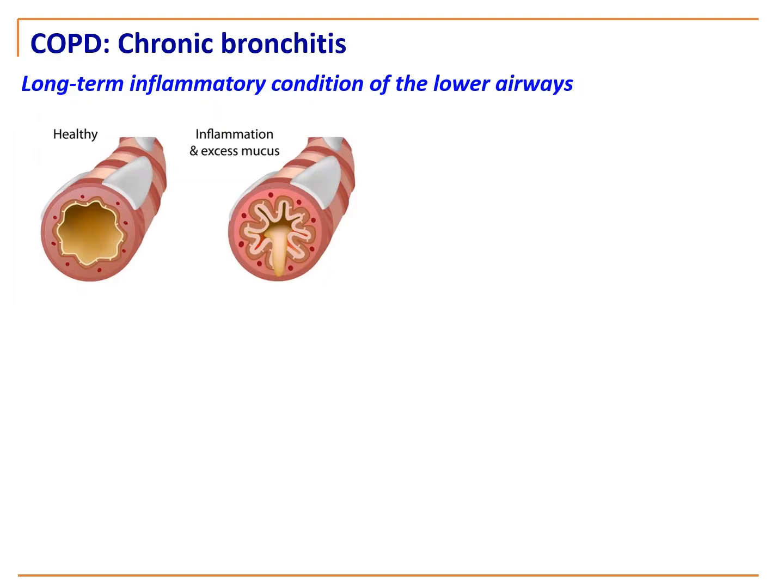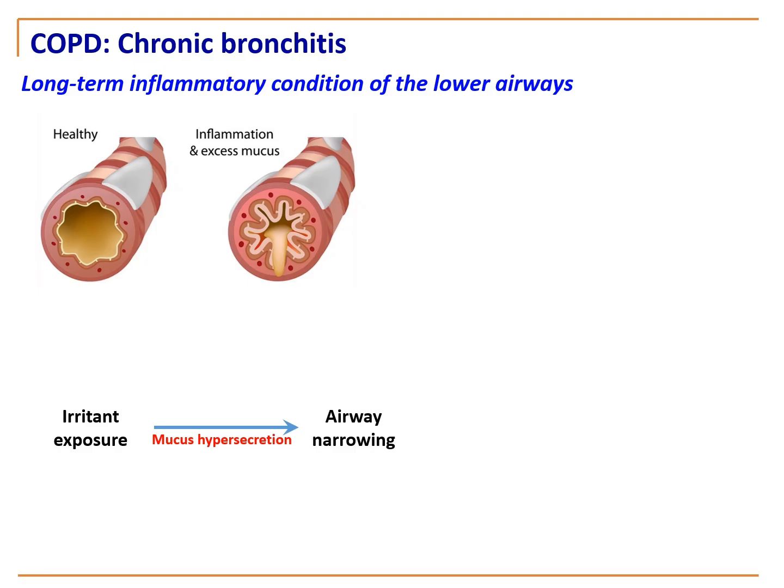Now we're thinking about chronic bronchitis. Remember what this is? You have a healthy lung and you have a chronic bronchitis airway with a buildup of inflammatory material and excess mucus. Just like in emphysema, chronic bronchitis is often associated with long-term exposure to irritating gases and particulate matter, most commonly cigarette smoke.